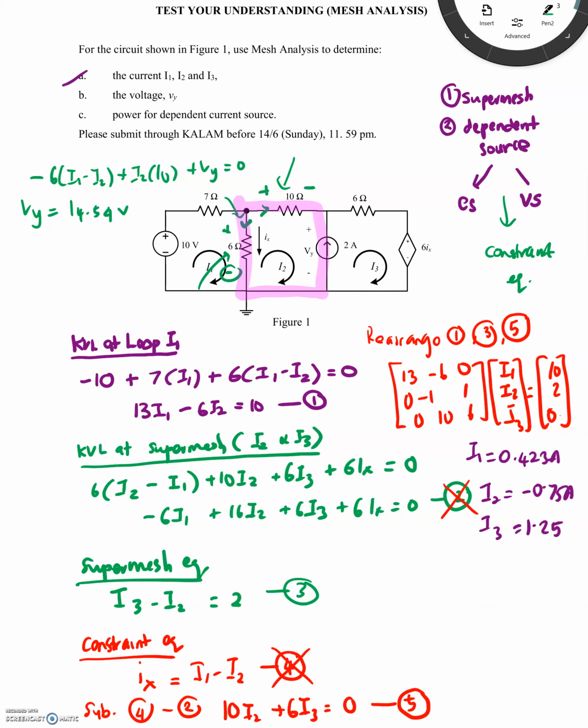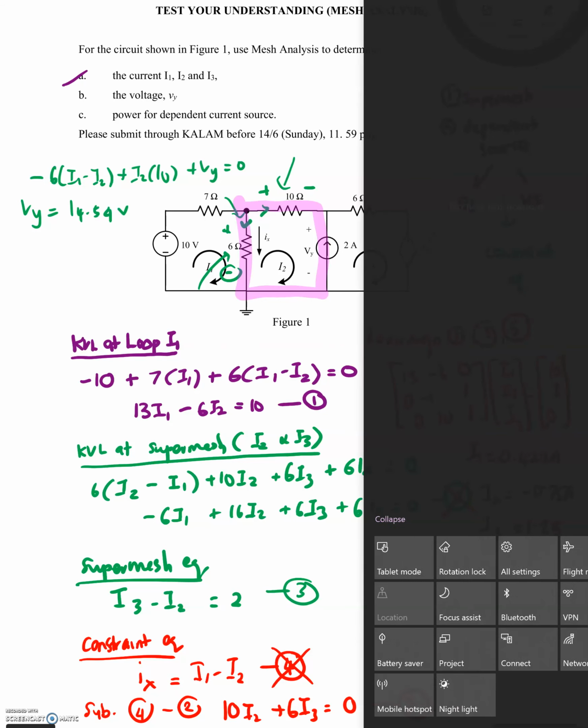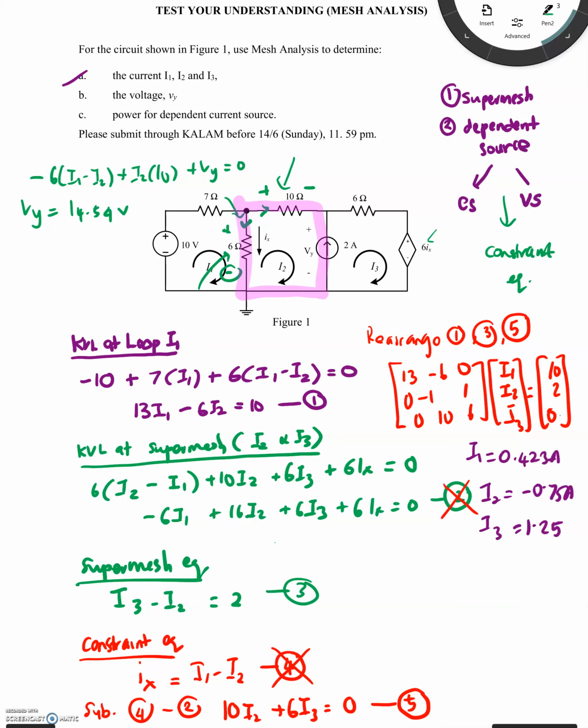And what is the power for the dependent source? The power for the dependent source here, this is the dependent source. The current is entering the positive, so P is equal to positive IV.